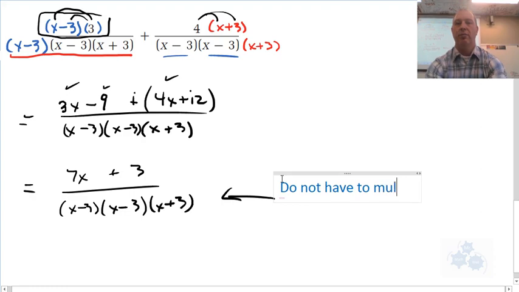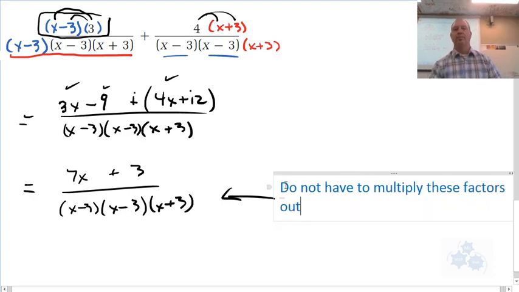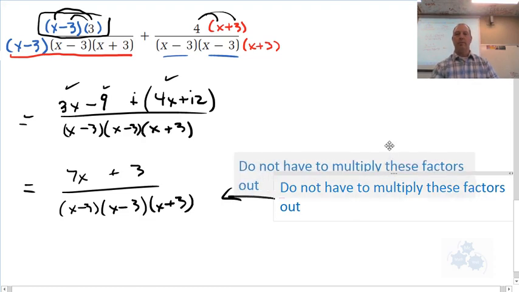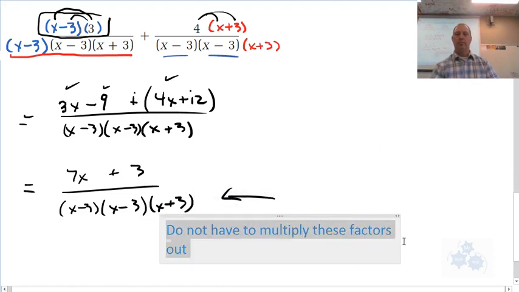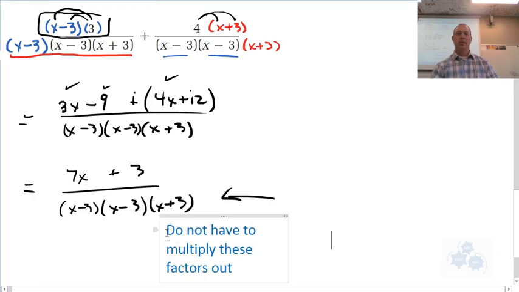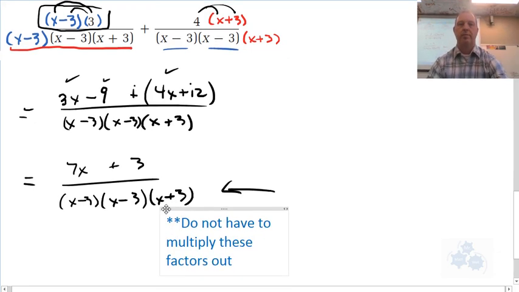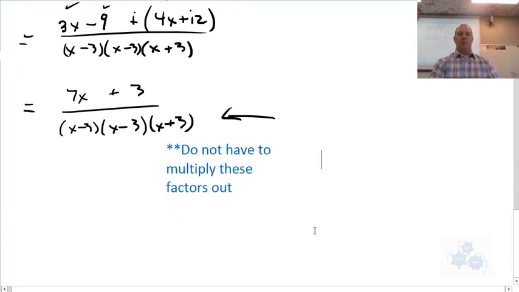Do not have to multiply these factors out. All right? That's important. Okay? You should factor the top if you can, but it's kind of already done.